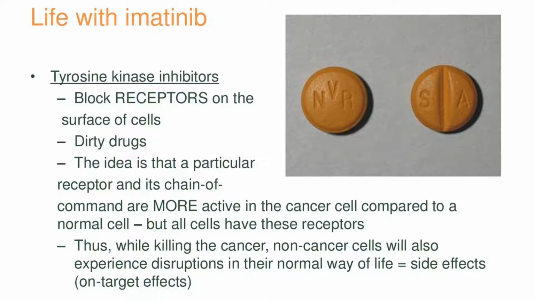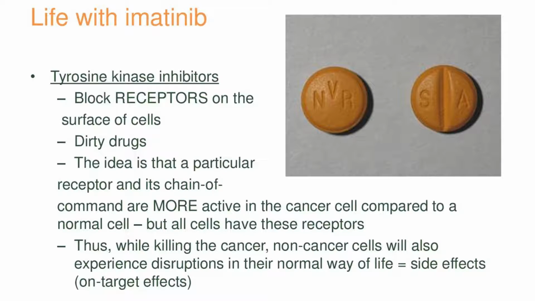Why do we get side effects? These drugs are dirty. We call them dirty. What that means is that although they bind to KIT really well, they also bind to a bunch of other things, but not as well. And when they bind to other targets, or to KIT on your healthy cells, it causes problems and side effects, because it shuts down the growth of those cells as well as your tumor cells.